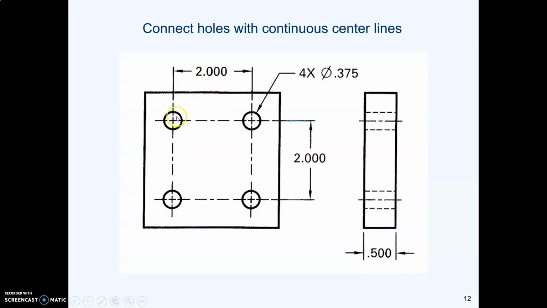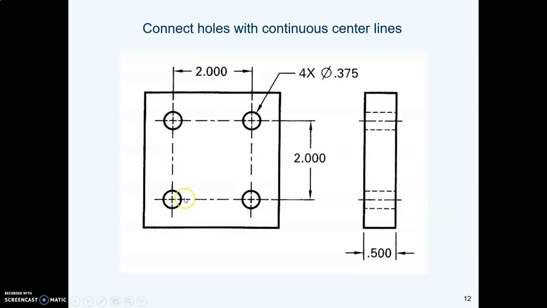If they're not connected with center lines and you put a 2-inch dimension at the top, we cannot assume that the 2 holes on the bottom are also 2 inches apart. Maybe they are, maybe they're not.